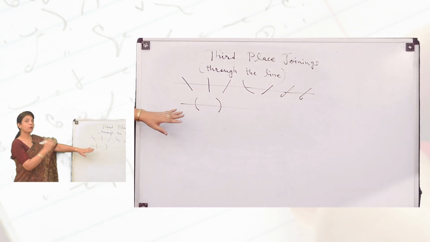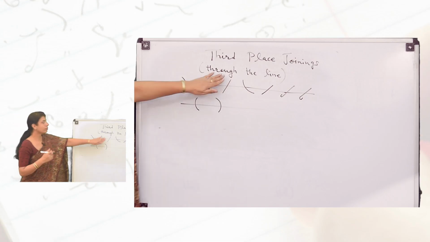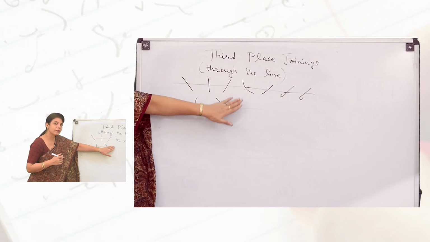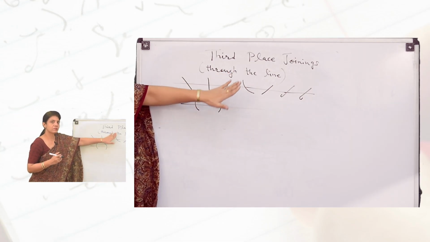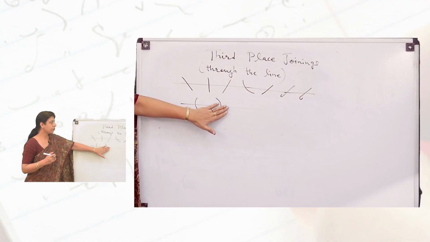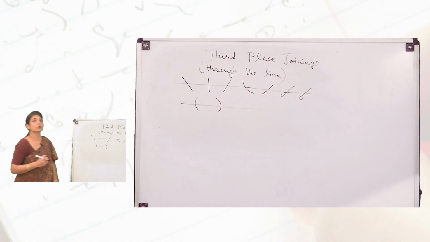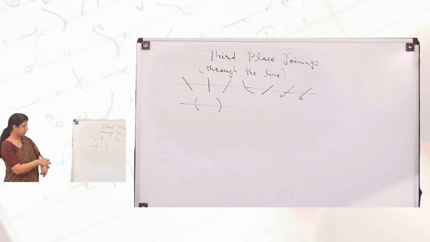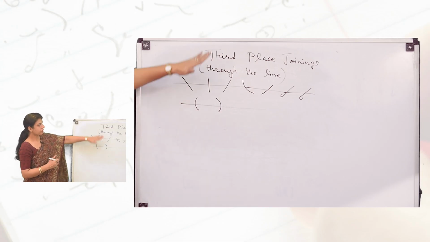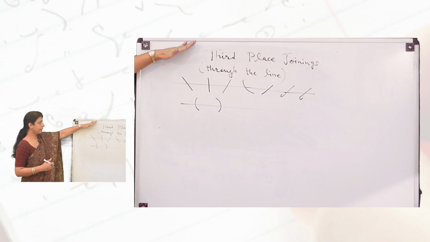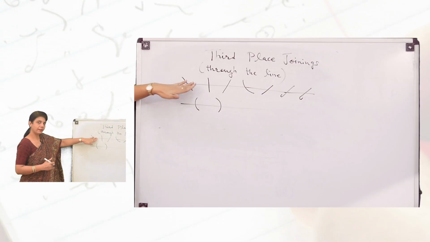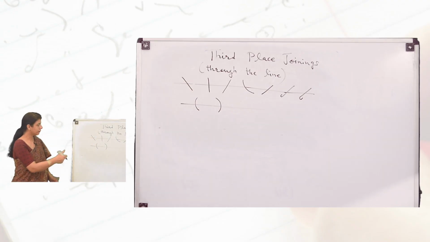I am just talking of the single consonant, how to write it through the line, just to make you understand what is through the line, because it's a new thing we are using in this unit. Now this is what we call through the line, and if we are writing the consonant at the first place, it will be above the line, second place on the line, third place through the line.